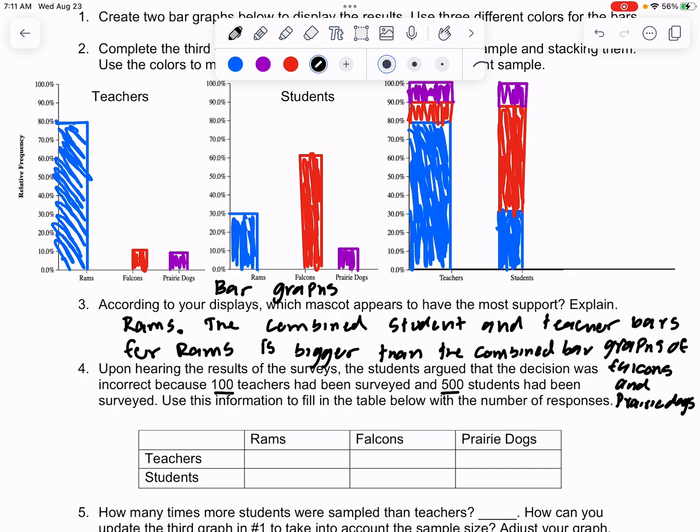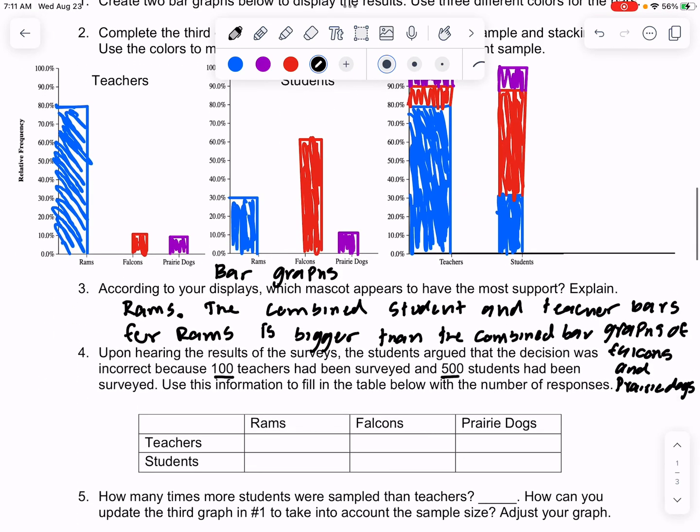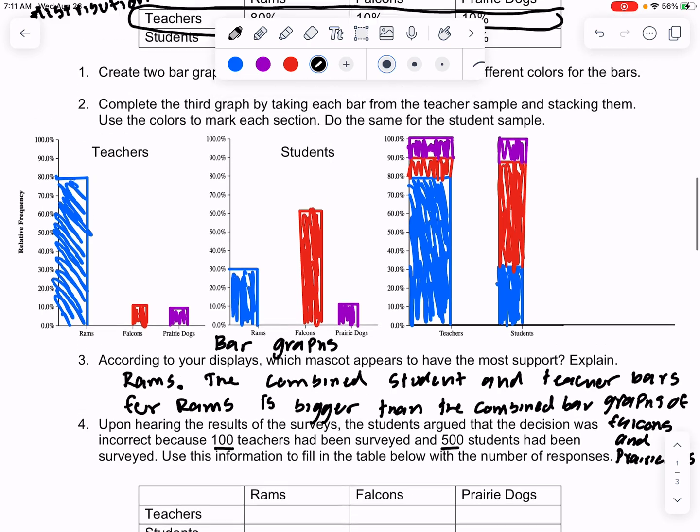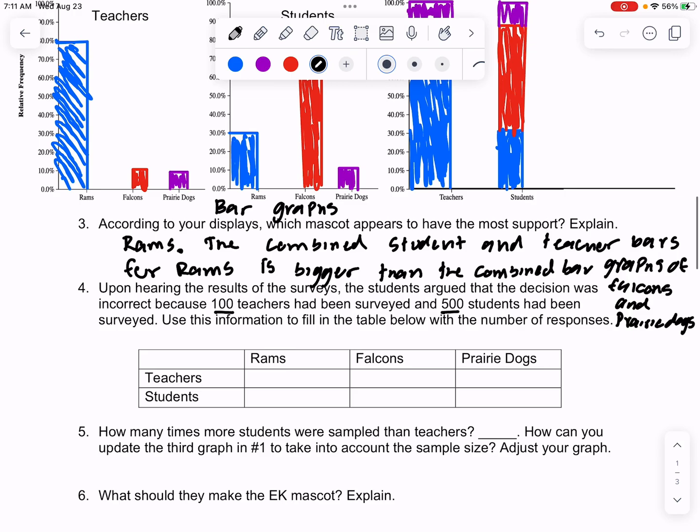Since there's 100 total teachers, the percentages for teachers will be really easy to find because 80% of 100 is 80, 10% of 100 is 10, and 10% of 100 is 10. So in order to find the counts, remember, we take 80%, which means 80 over 100, and we multiply it by 100. So the hundreds would just cancel, and you would just get 80. And you would do the same thing for 10 and 10. So for teachers, it looks like the total counts were 80 said Rams, 10 said Falcons, 10 said Prairie Dogs.